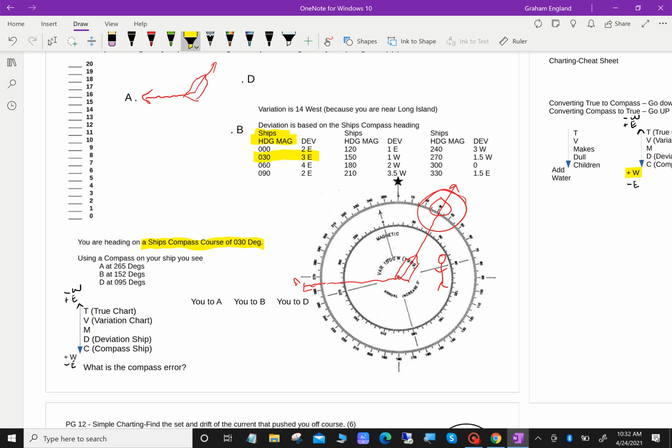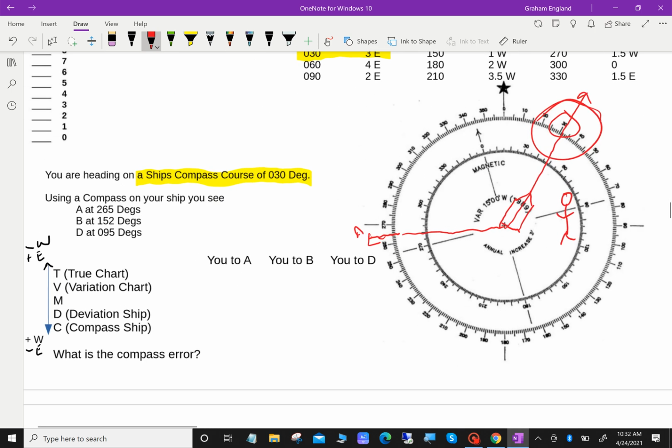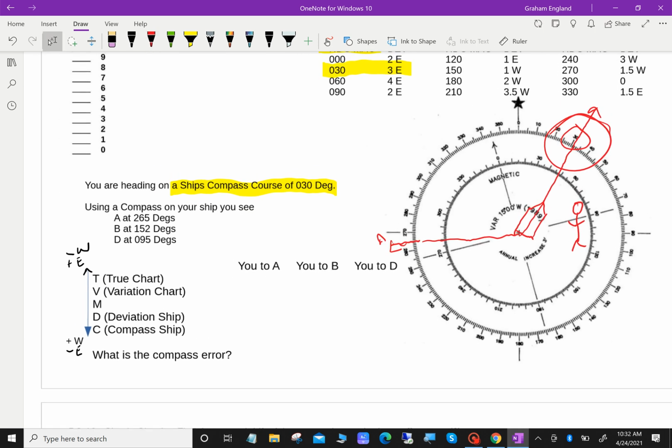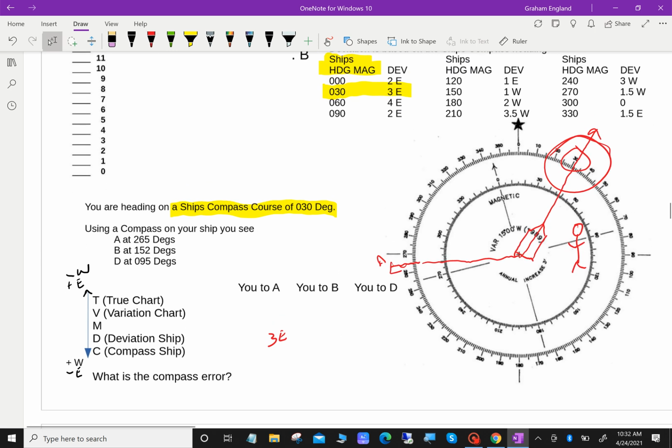3 east. Not, and I repeat it again, not this 265. So our ship's deviation, in the ship, is 3 east. What is the compass reading that we read when we looked across to object A?